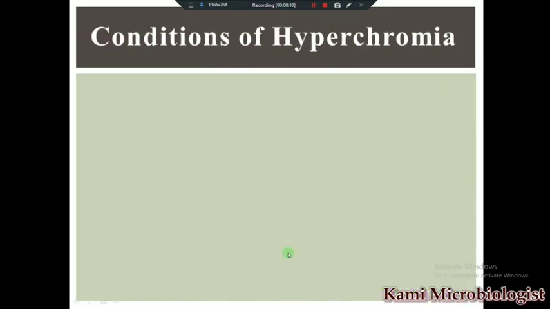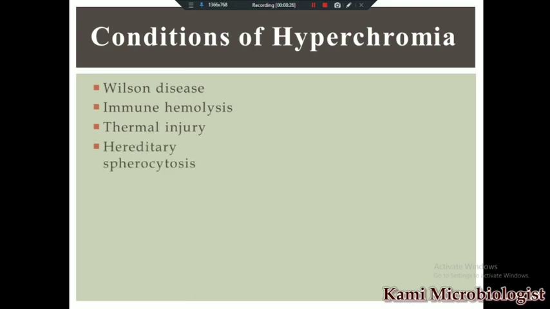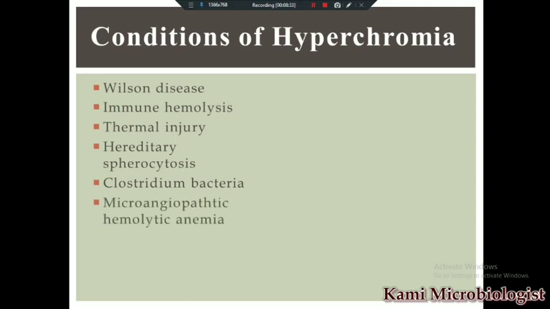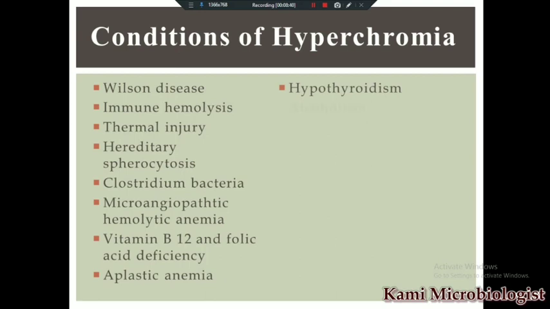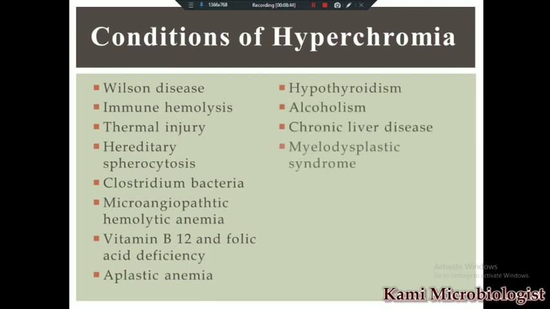Okay, let's explain some conditions of hyperchromia, in which conditions it will be present. So in case of Wilson disease, immunohemolysis, thermal injury, hereditary spherocytosis, Clostridium bacteria, microangiopathic hemolytic anemia, vitamin B12 and folic acid deficiency, hypothyroidism, alcoholism, chronic liver disease, myelodysplastic syndrome.